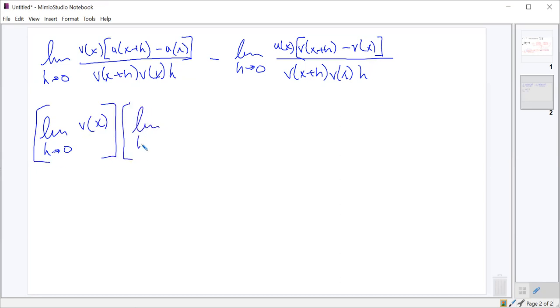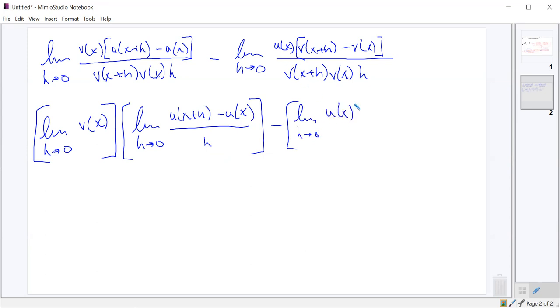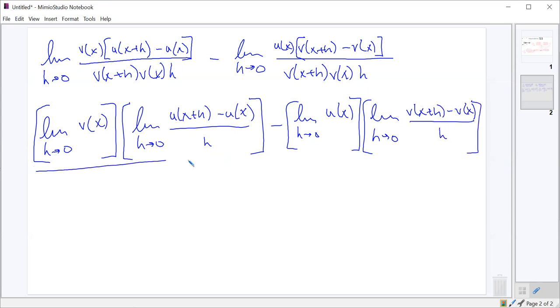leaving us with the limit as h approaches 0 of v of x times the limit as h approaches 0 of u of x plus h minus u of x over h, which we should recognize as the limit definition of the derivative of u, and then minus the limit as h approaches 0 of u of x times the limit as h approaches 0 of v of x plus h minus v of x over h, all over a new limit, the limit as h approaches 0 of the v of x plus h times v of x that was in those two denominators.